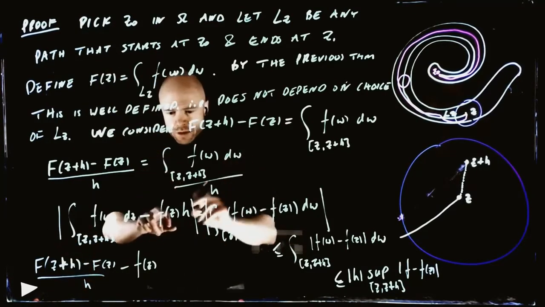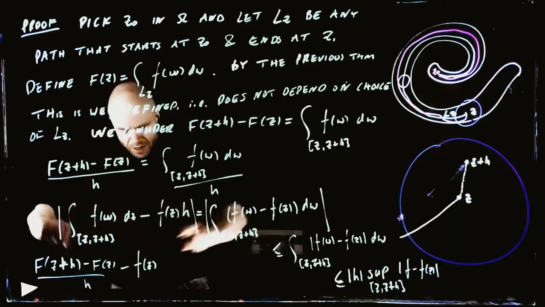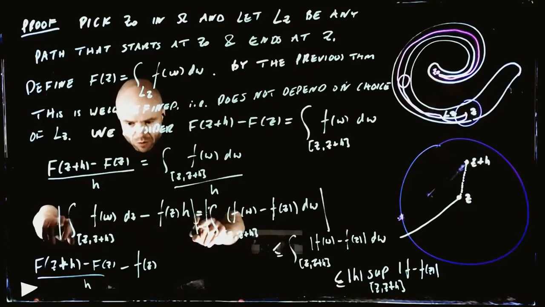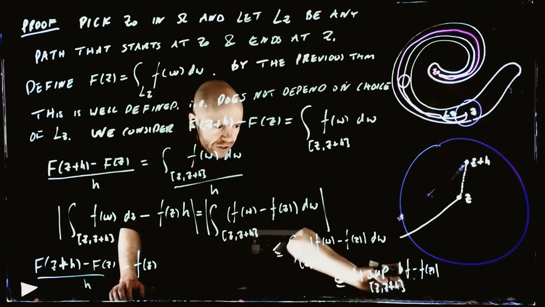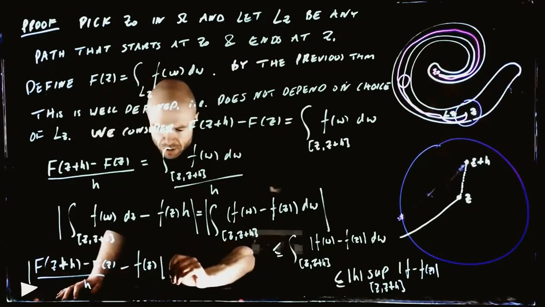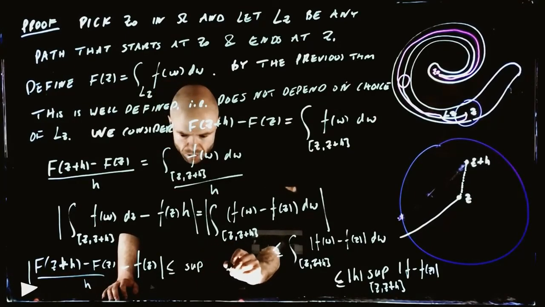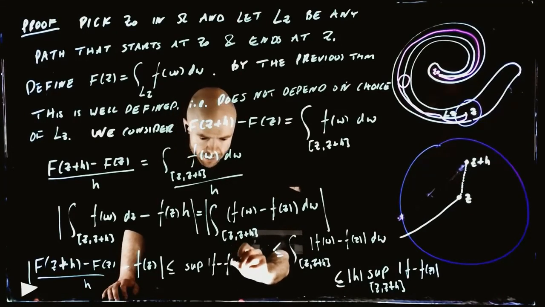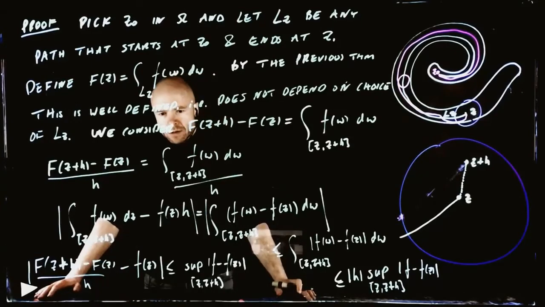So if we divide h through this expression right here, we have exactly what we want, and then this h here will just vanish over on this side, right? So this thing is less than just the supremum of f minus f of z over this little strip right here, which will go down to 0 as h goes down to 0.